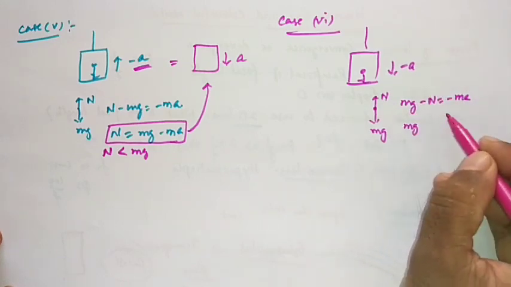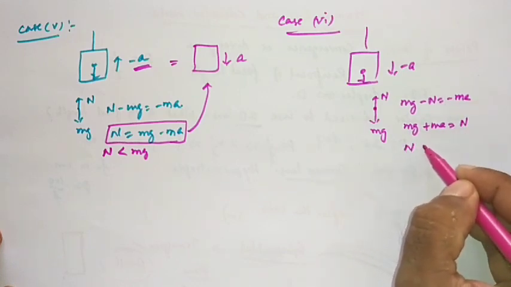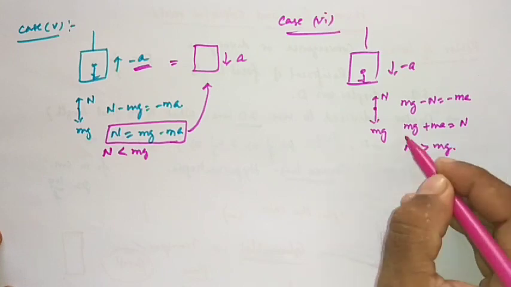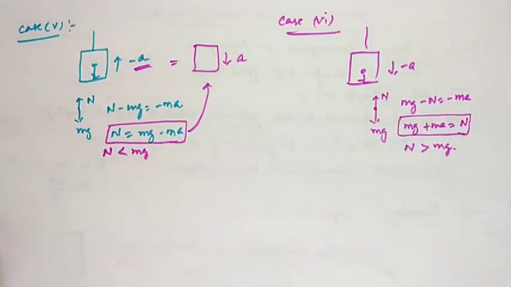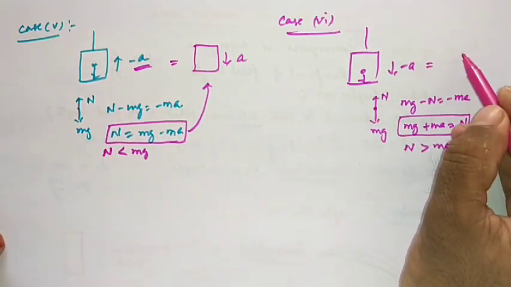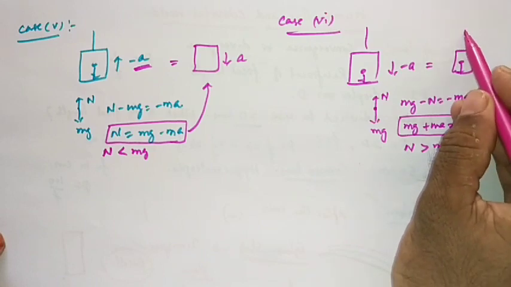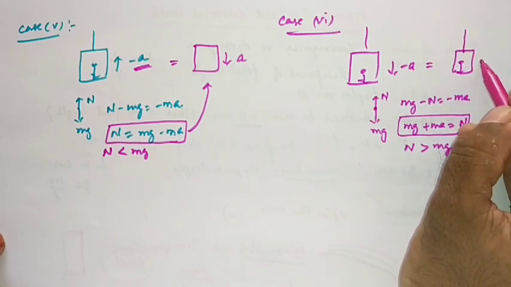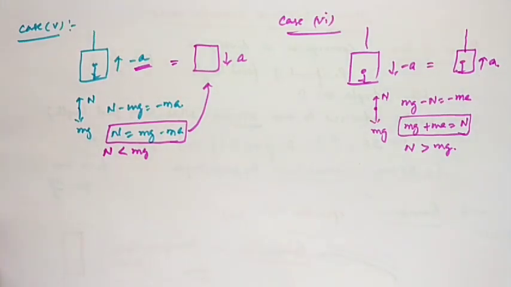Therefore mg plus ma is equal to N. In this case, N is greater than mg. So the apparent weight is greater than mg. So this is equal to the lift moving up with an acceleration.